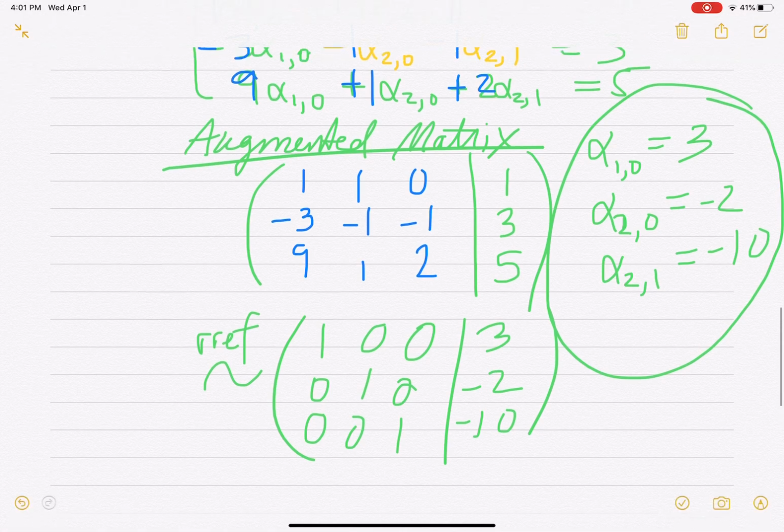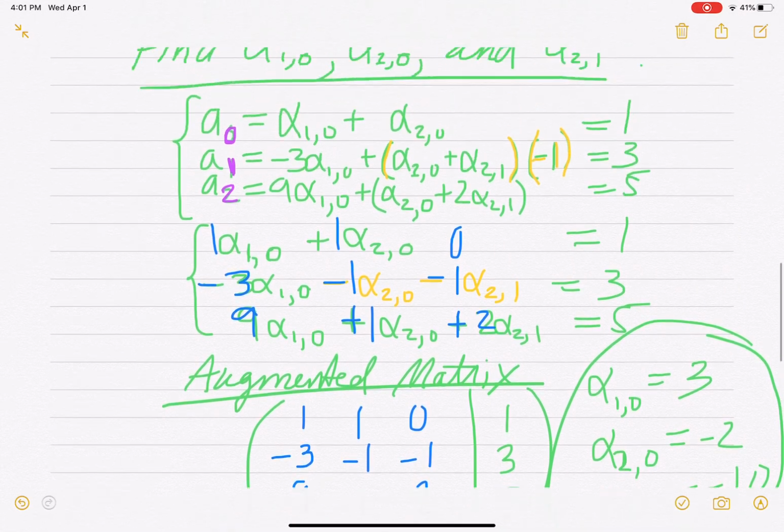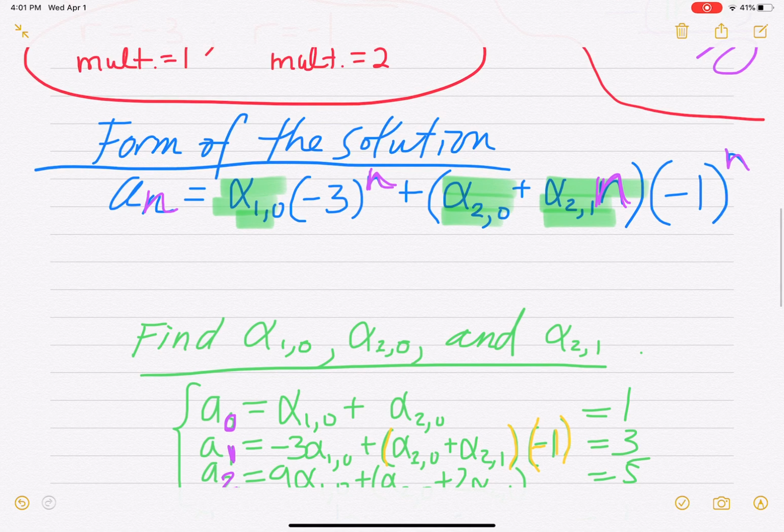All right, now I'm going to plug these, 3, negative 2, negative 10, back into my form to get my exact solution.